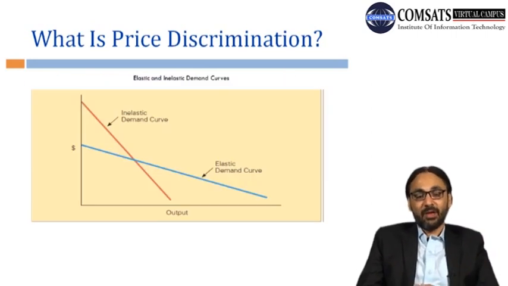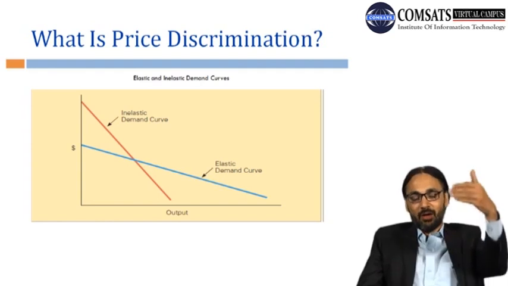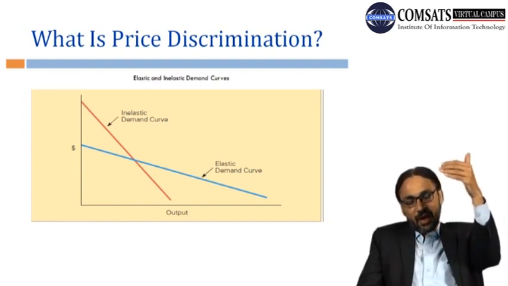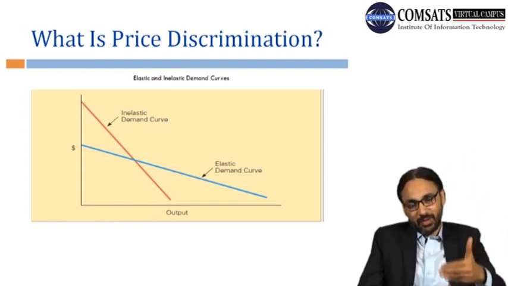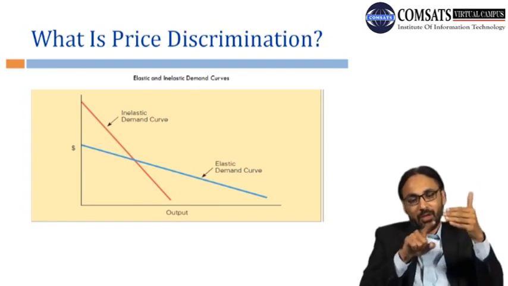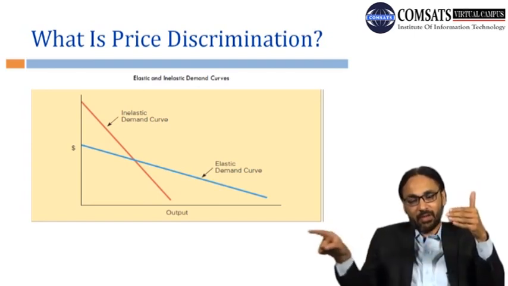Here we can see graphically the price on the vertical axis. On the horizontal axis it's output, and the blue line is the elastic demand curve, and the inelastic demand curve is the red line. As we can see on the horizontal axis, as the price goes down, the output level, the demand, goes up.